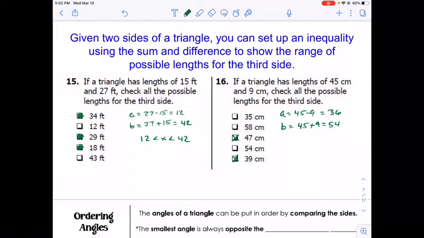So we say that 36 is less than x, which is less than 54. The ones that would fit are 47 and 39. 35 is too low, 58 is too high, 47 is in there, 54 is equal to, which is not going to be it, and 39 is in the slot for x.